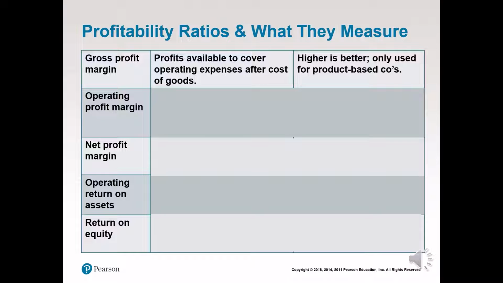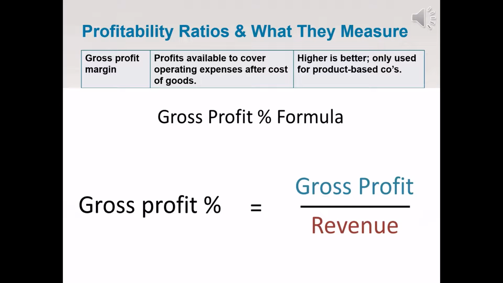A company would want to compare their gross profit margin to other companies, competitors, and people within the same industries to figure out if there's improvement within their gross profit margin. To calculate the gross profit margin, you would take your gross profit and divide it by revenue. Remember that gross profit is your sales minus your cost of goods sold.